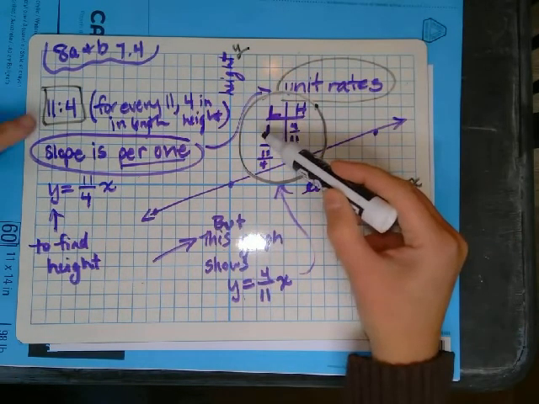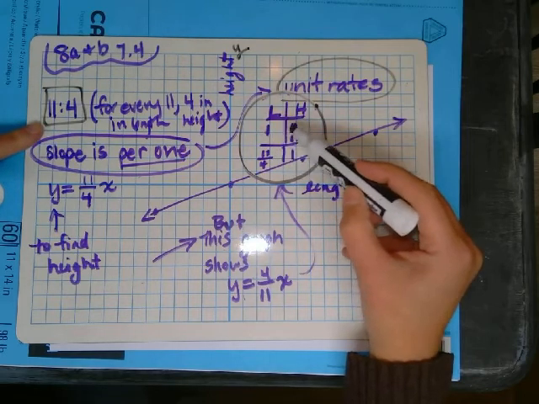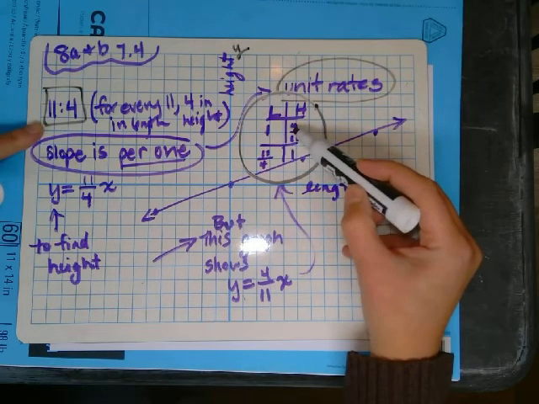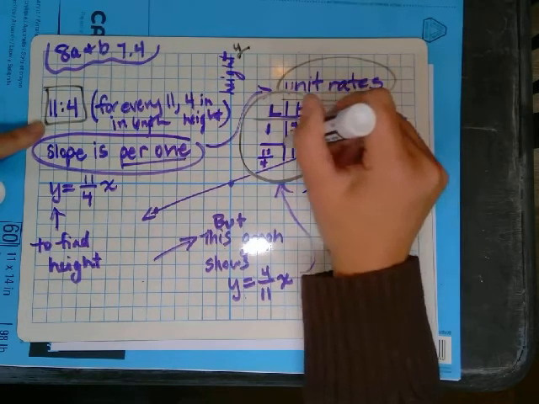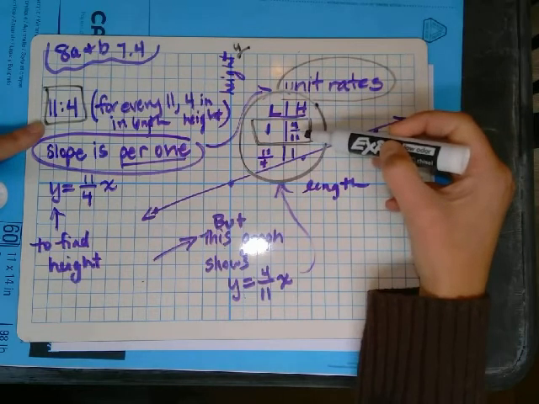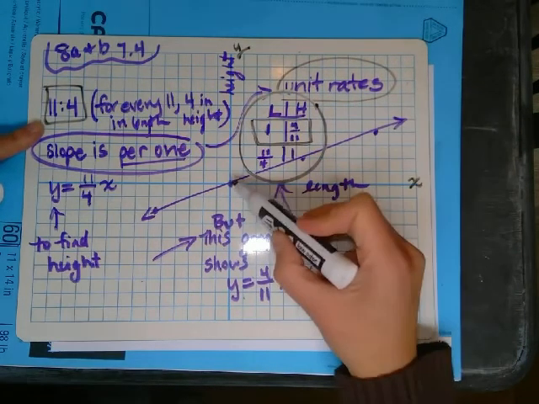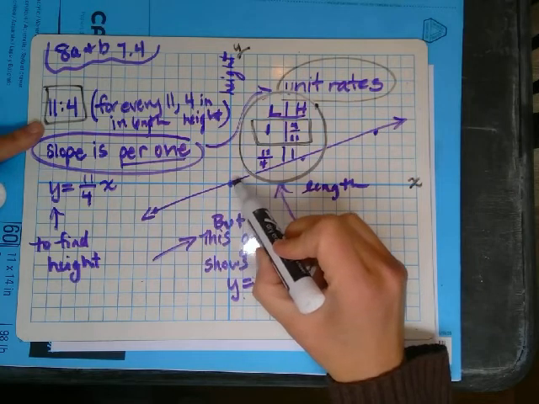So if it's 11:4, then that's going to mean for every 1 in length, I'm going to go up 4/11ths in height. For every 1 in length I go over, I'm going to go up 4/11ths in height. And that's exactly what I have here. For every 1 I go over, which would be right there, I go up just 4/11ths in height.